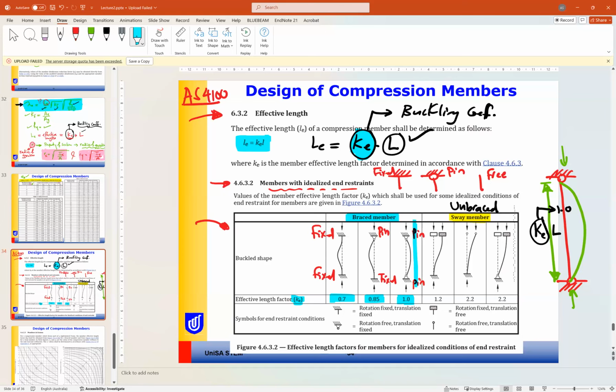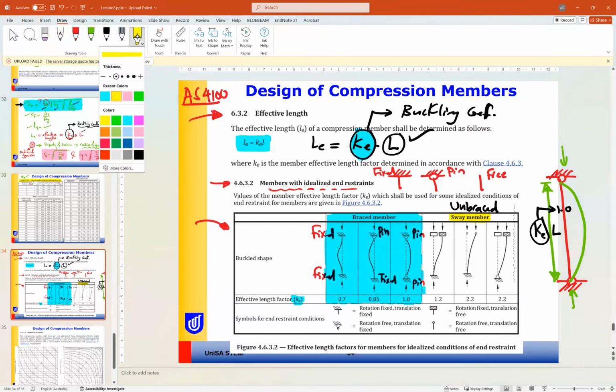So these three cases are for what? For braced members. You need to make sure when you start your calculation, if you are using this simple method, that if the member is braced, you take the value from these three cases.